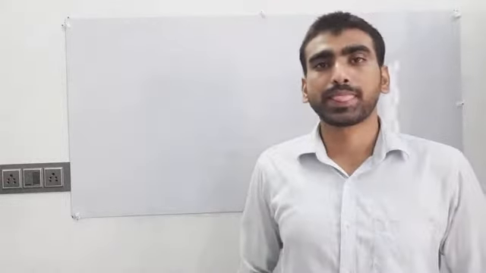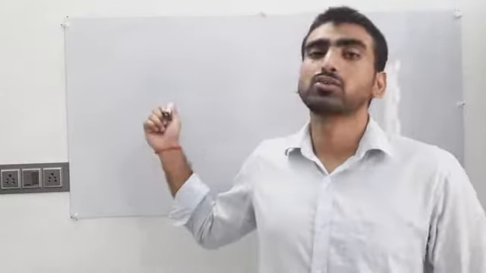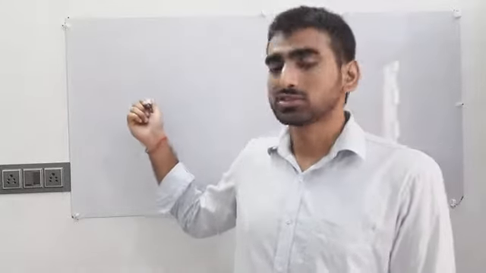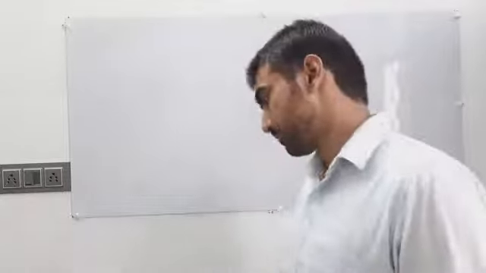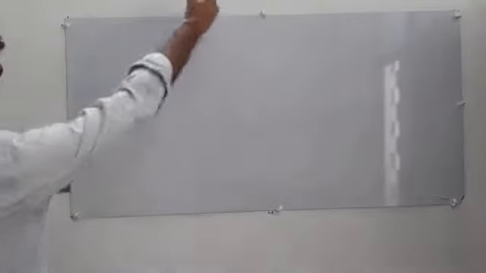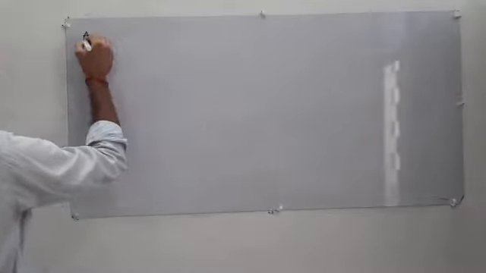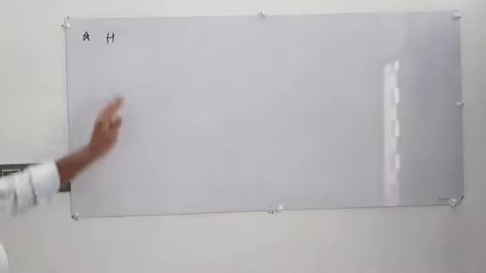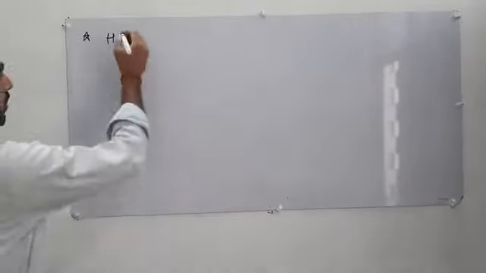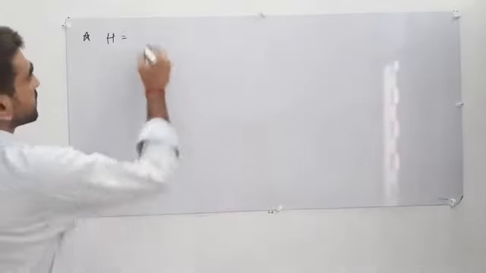Hello students, today we will discuss some SI units and dimensional formulas of some physical quantities. First of all, magnetic field intensity, which is denoted by H. What was the formula of H?